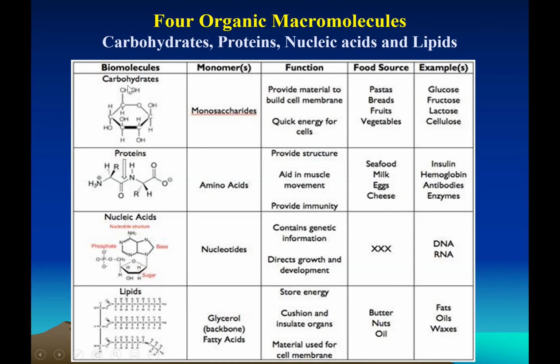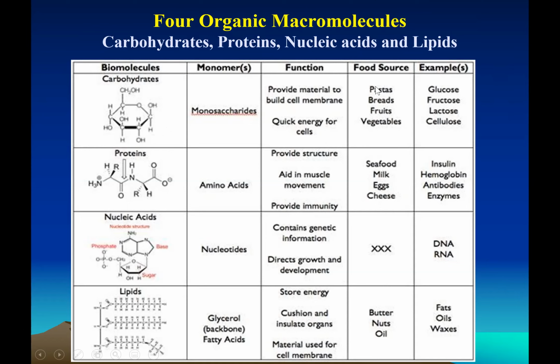Carbohydrates: the monomers that make carbohydrates are called simple sugars or monosaccharides. The main function is energy in our cells, and they also provide structural material to make structures in the cell. We can understand carbs in terms of food.